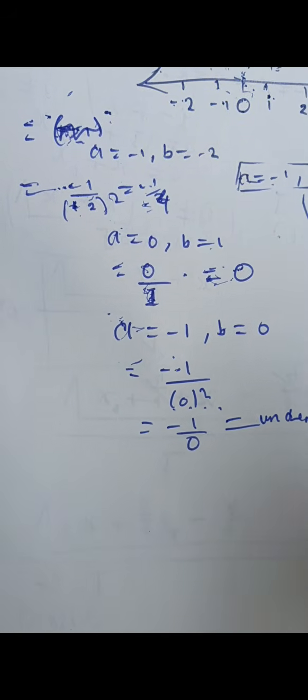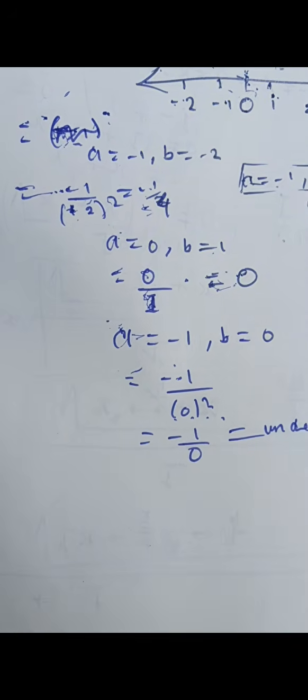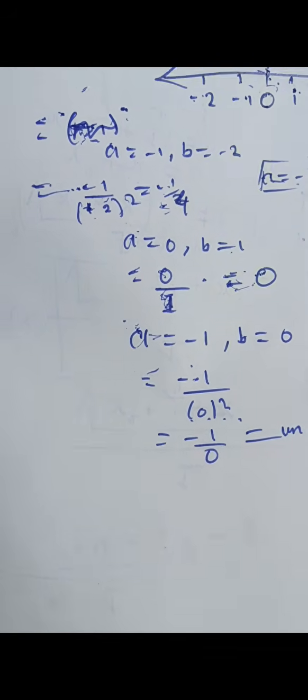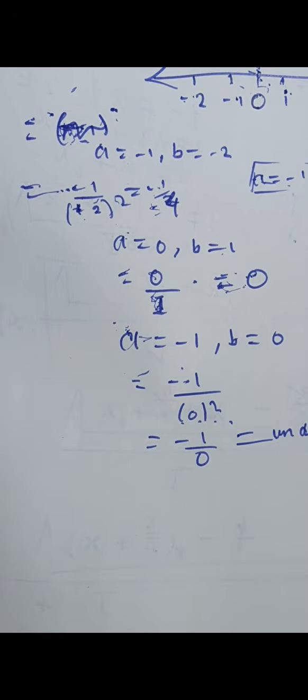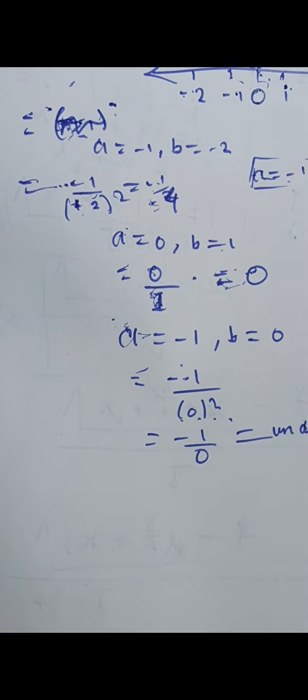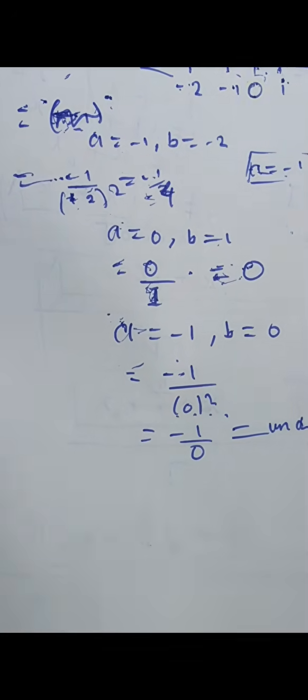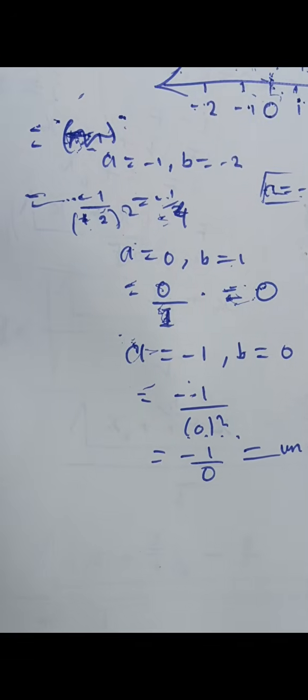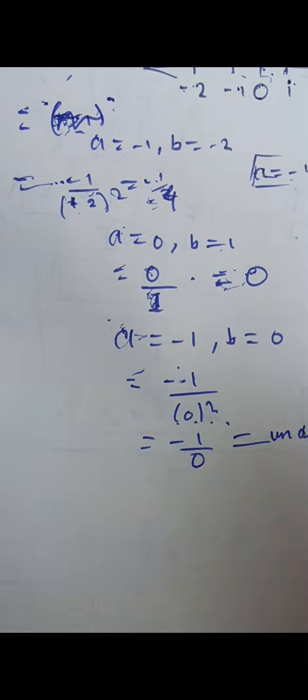Or you can say the operation is defined on all the real numbers except 0 when it is the value for b. I don't know how you're going to phrase the English, but you have to state something like that.